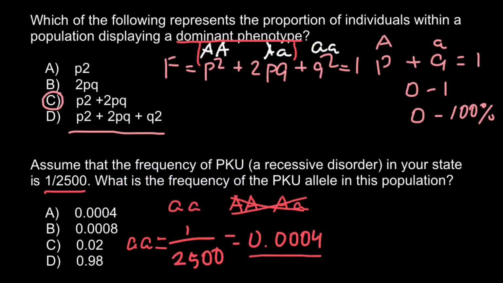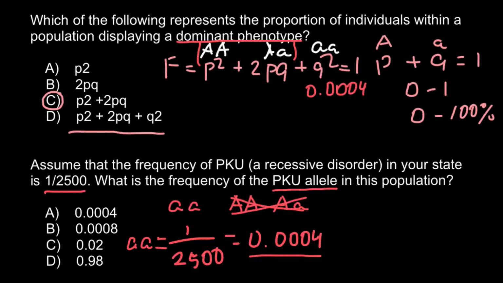If we put the frequency here, this is going to be 0.0004. Now we are asked what is the frequency of the PKU allele in this population, and 0.0004 is a frequency not of the allele, but of this genetic disorder in homozygous form in the population.